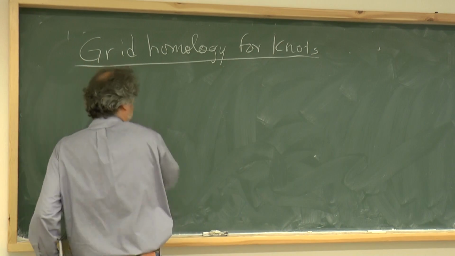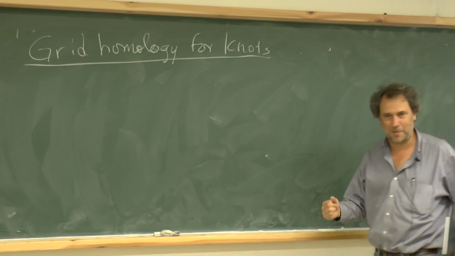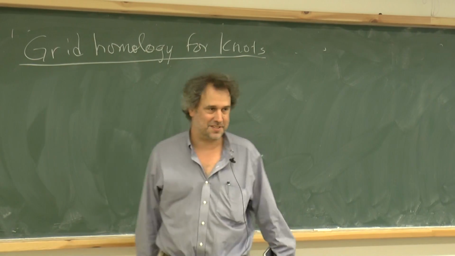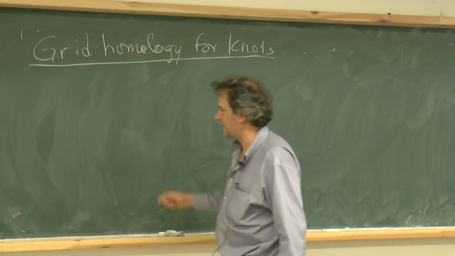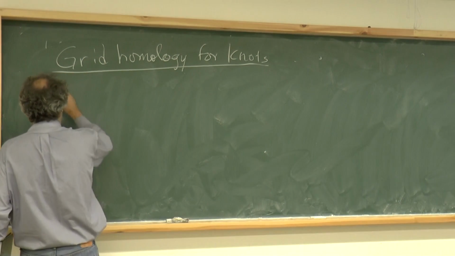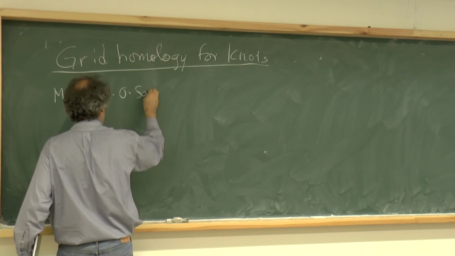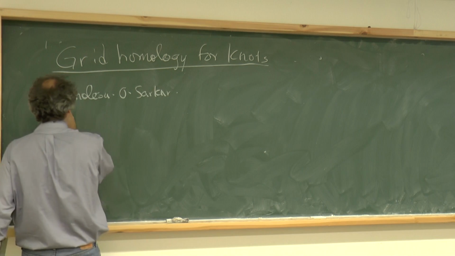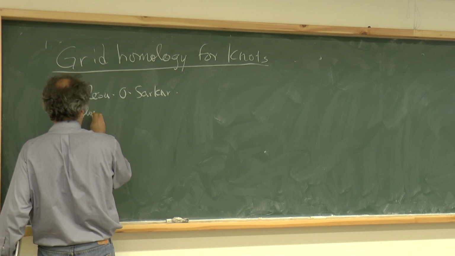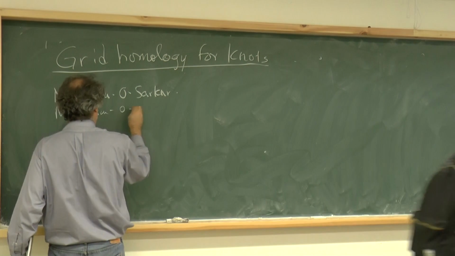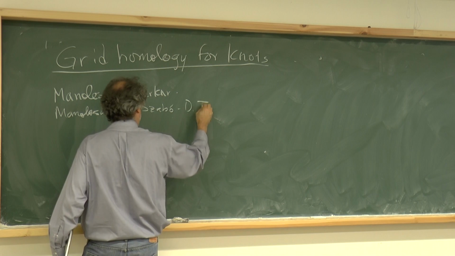Okay, so I'm going to give a definition of what I called knot Floer homology last time, and today I'm going to call it grid homology because that's one of the definitions. The material I'll talk about was first found in a paper of Manolescu, myself, and Sarkar, and further developed by Manolescu, myself, Zoltan Szabo, and Dylan Thurston.